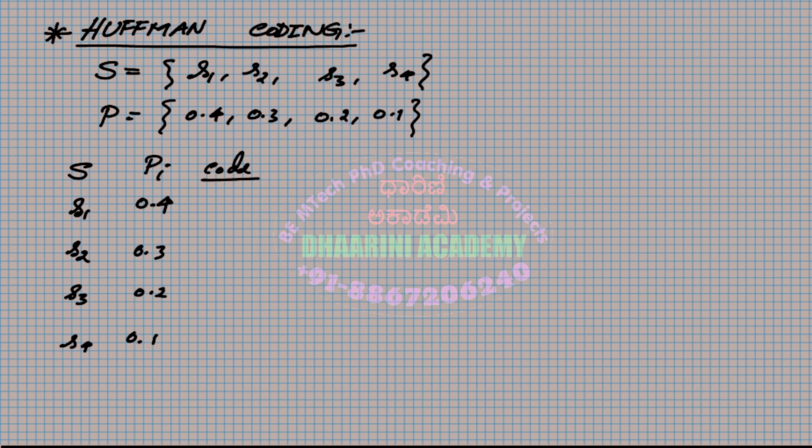We'll fill this later. In Huffman coding, just remember the source, then the probability, then the code.